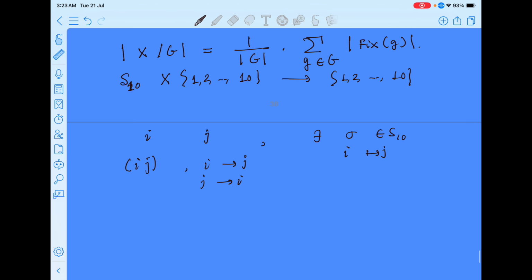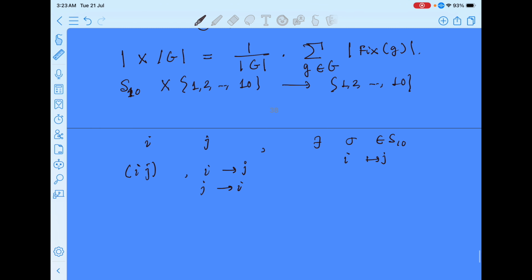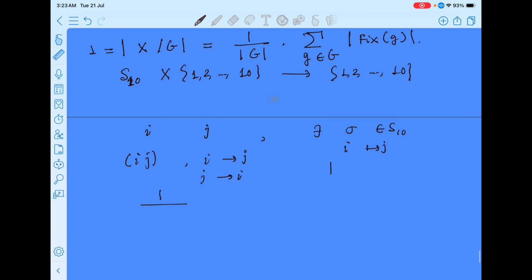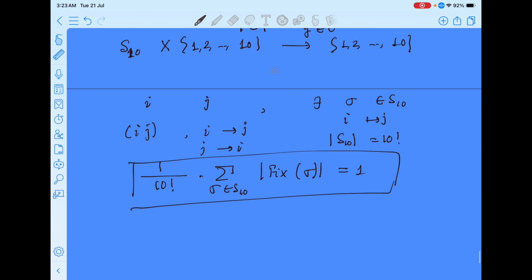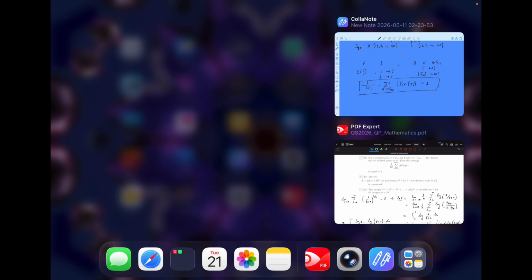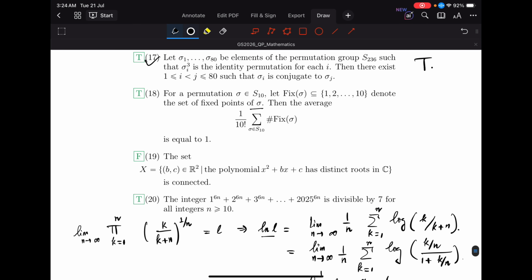Clear? So that means this action has one orbit, so this is 1. And what is 1 by the order of G? The order of S10 is 10 factorial. So 1 by 10 factorial, summation over sigma belonging to S10 of fix of sigma, this is 1. This thing has a very probabilistic interpretation, so I will not go into that. So this is true.